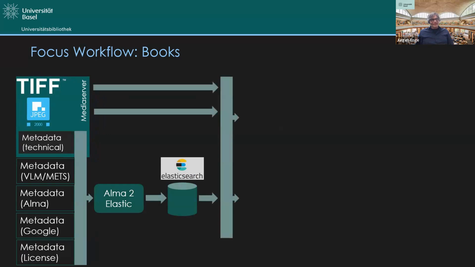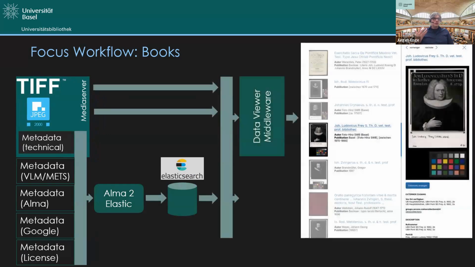So together with the media files, which are inside of the media server, we are now able to send it, for example, to our data viewers. This is done by a middleware which allows exhaustive searches over all these metadata objects and brings in AI stuff and so on. But this is not what I want to talk about.